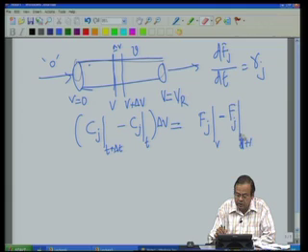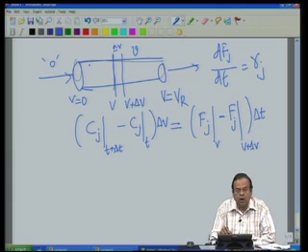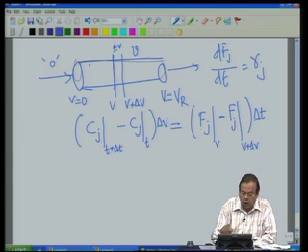So, in minus out, let me write it more clearly, V plus delta V, and this in small time interval delta t. So, this is how much has come.